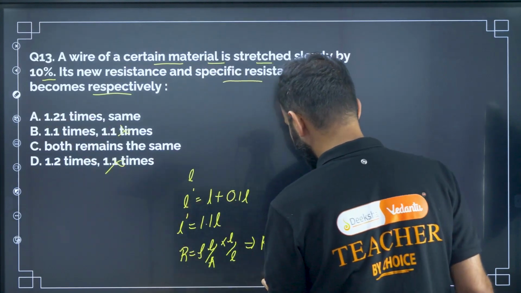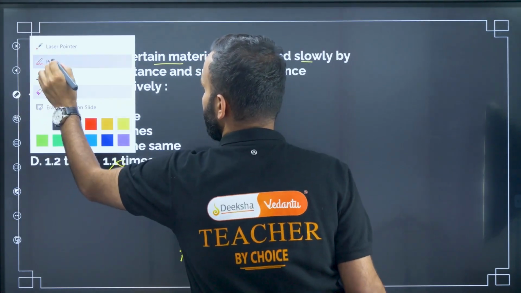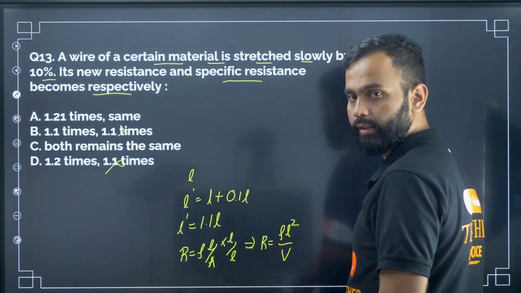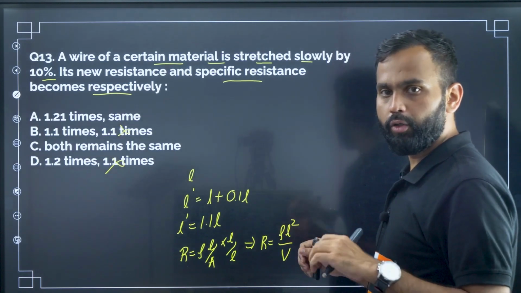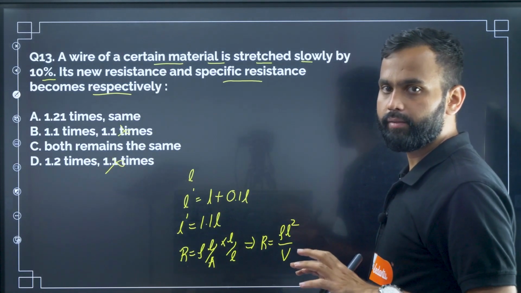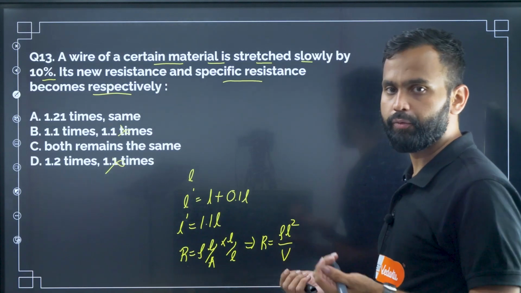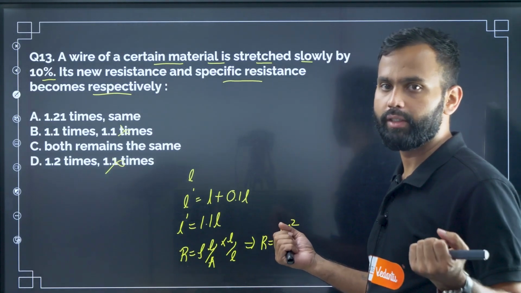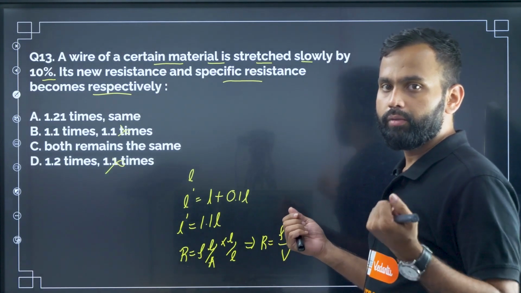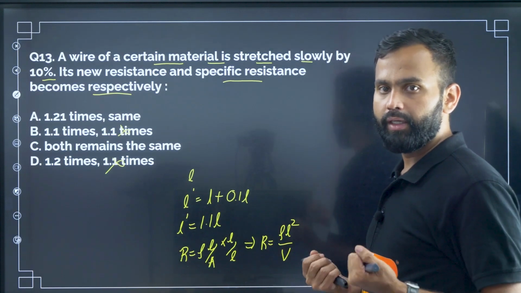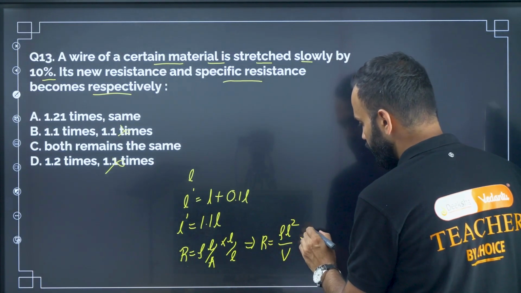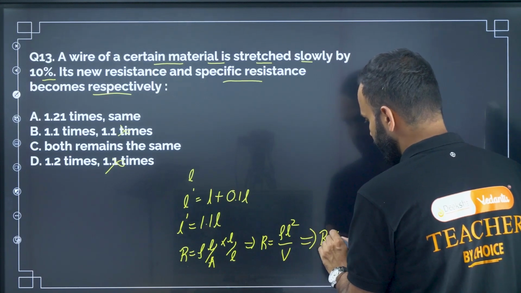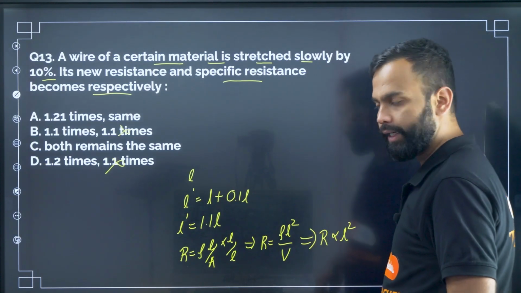A into L is the volume of the wire or the conductor. So if you stretch the wire, the volume of the wire remains the same, right? If you stretch the wire, the area of cross section decreases. If you compare the initial volume and final volume, both are the same. So from this I can conclude that R is directly proportional to L square, right?